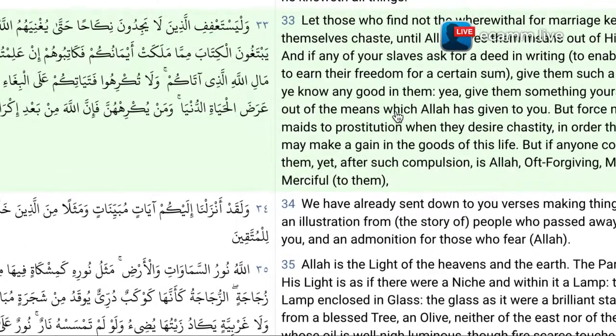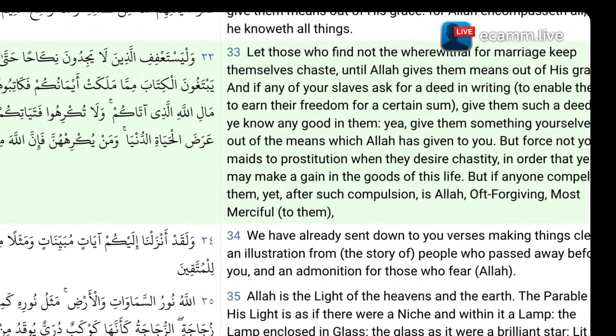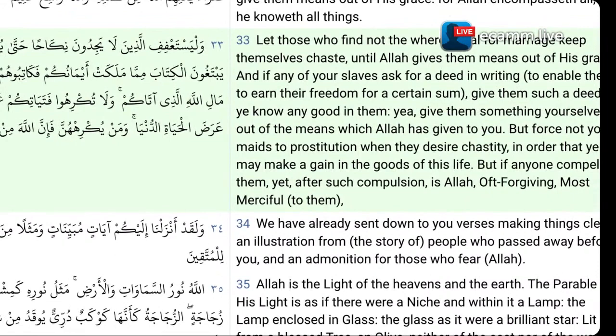Do you see it? Force them not to do prostitution if they choose chastity. And if they choose not chastity, the business is good. But even if you force them, it's okay.